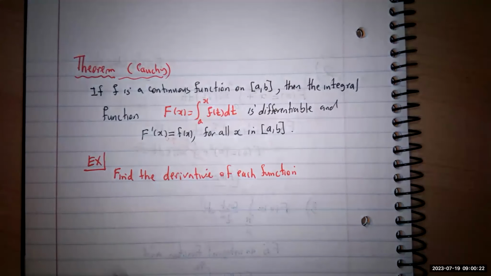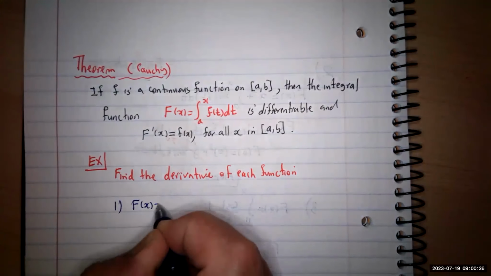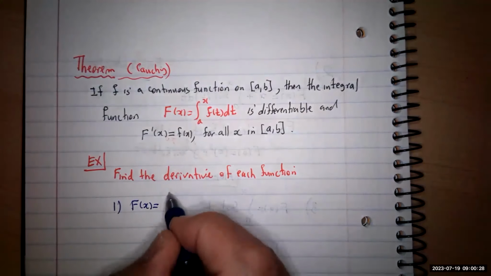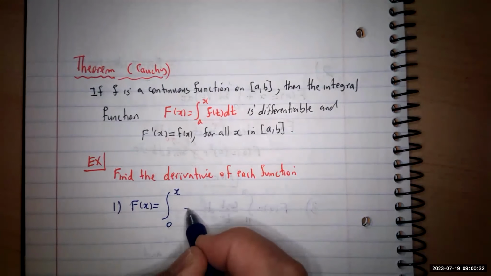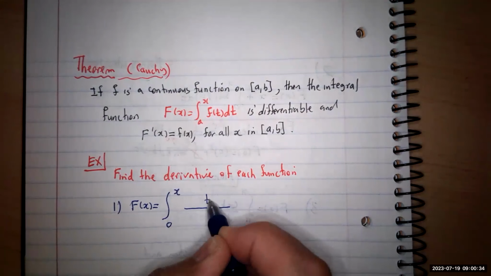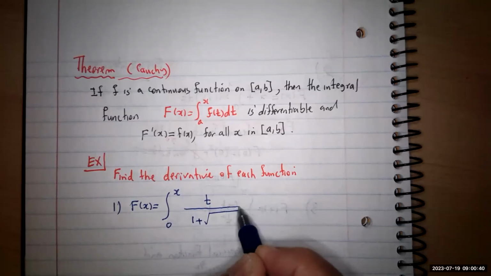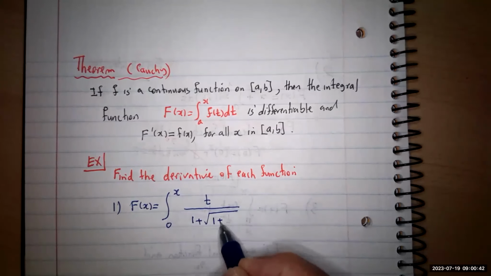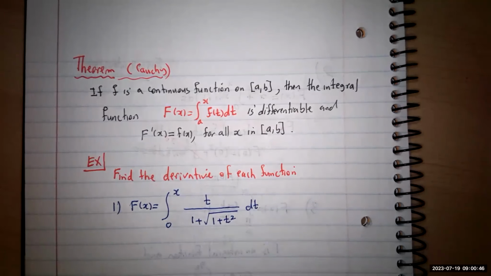The first one, f of x equal to the integral from 0 to x of t over 1 plus radical 1 plus t squared dt. Look at this one.